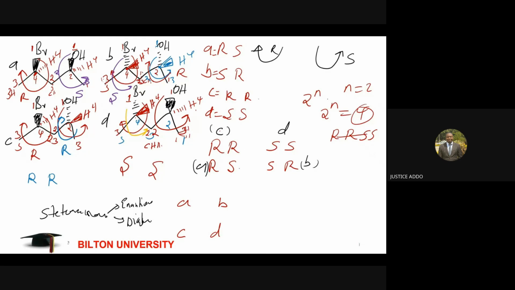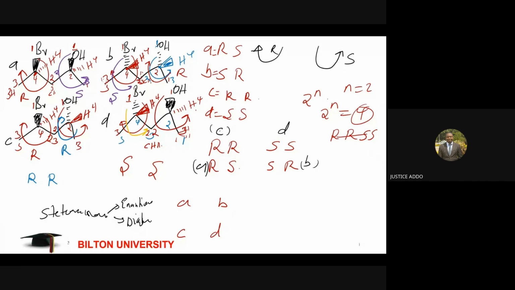So now if you look at A, B, C, and D, C is R and R, and D is S and S.